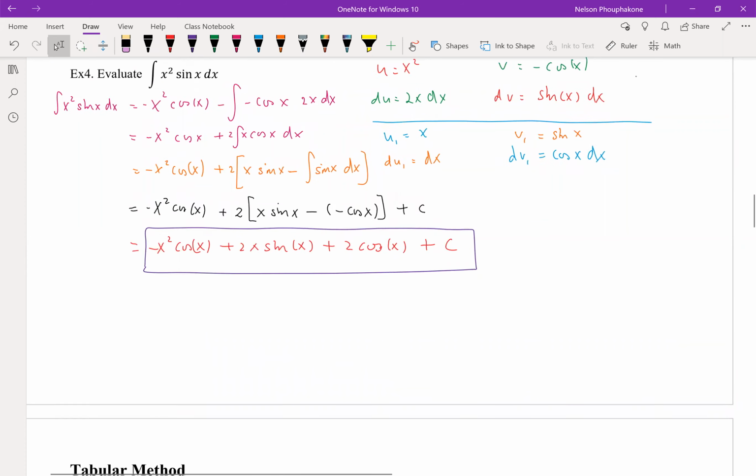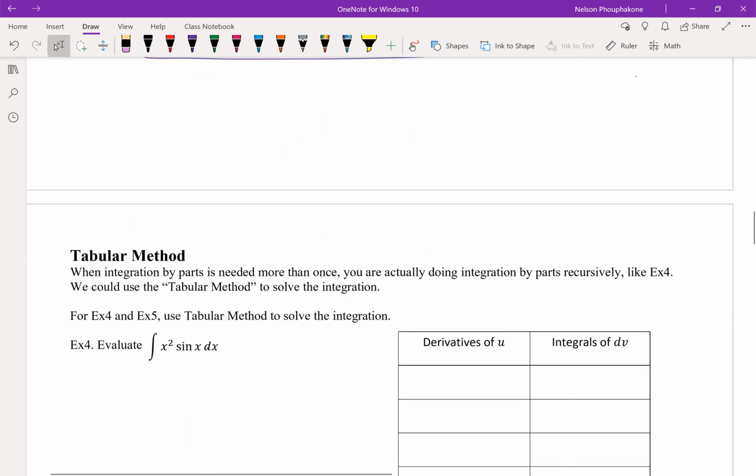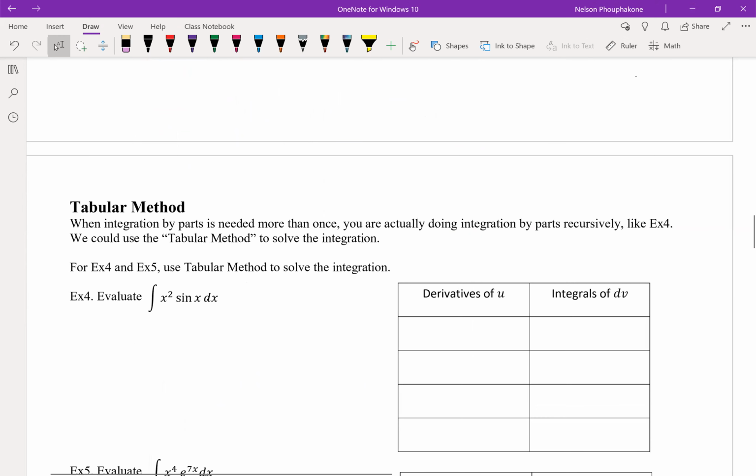But in this case, let's try the tabular method to see if we will be able to get the result really quick. Now, when integration by parts is needed more than once, just like what we just did, you are actually doing integration by parts recursively. Like example number 4, we could use the tabular method to solve the integration.